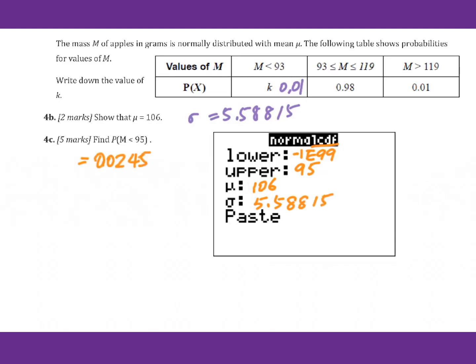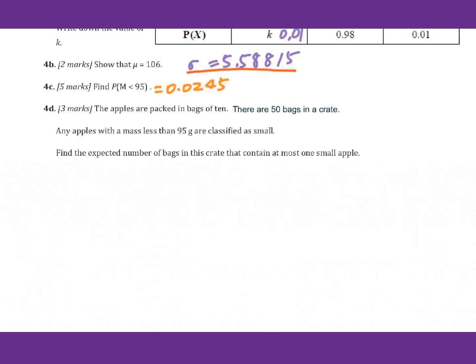You will get 0.0245. Since this is the final answer we're looking for, try to use 3 significant figures. But for sigma, it's not the value we're looking for, so try to use the accurate answer. Let's go to 4D.